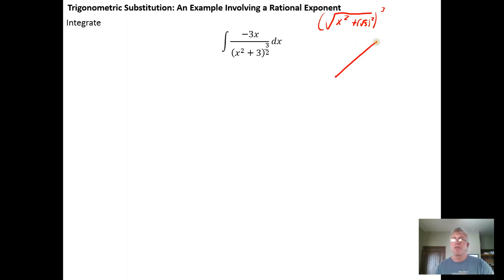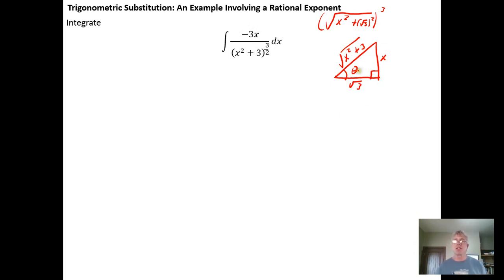So we're being given, in a Pythagorean theorem context, the lengths square root of 3 and x of the legs of a right triangle. So if this is my angle theta, then the hypotenuse is going to have length the square root of x squared plus 3, because of the reasons discussed in the previous two videos.